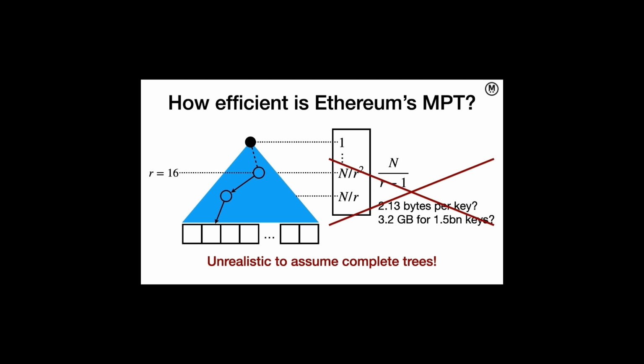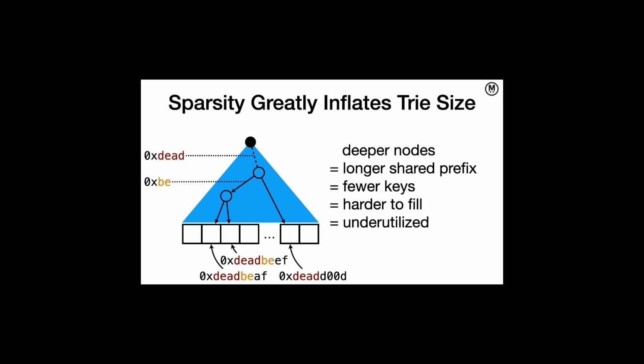And the reason this assumption is not correct is because of something called sparsity. Sparsity basically says that the deeper you go down the tree, the less utilized the nodes are. For example, at the top of the tree, you probably have many nodes having all of their 16 children occupied. But if you go very deep, close to the actual key value pairs, each node has far fewer of their children slots utilized.